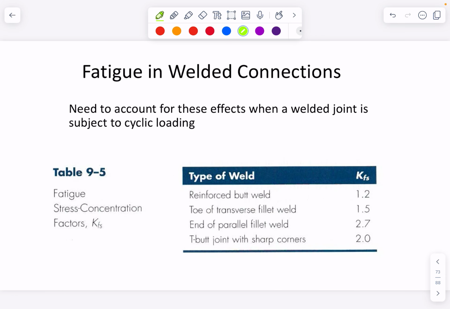So, fatigue in welded connections. You've got to consider a whole heap of different things here. So, the toe of a weld, the end of a parallel fillet weld. So I mentioned earlier that if, let me just draw.